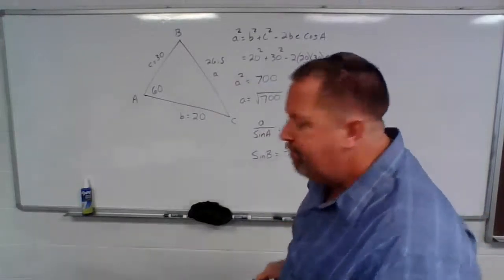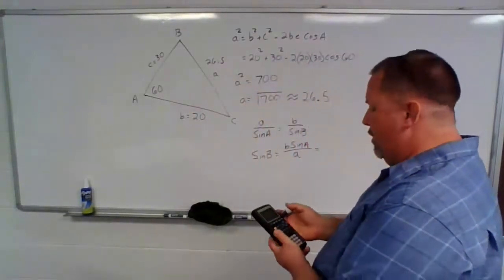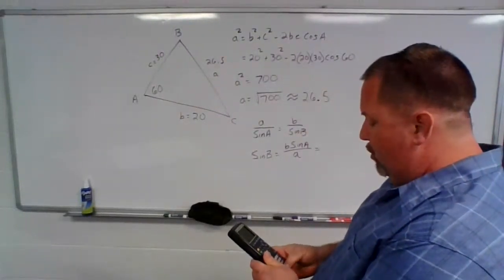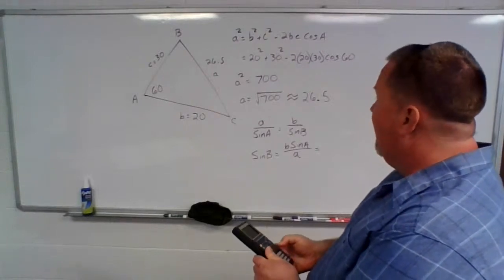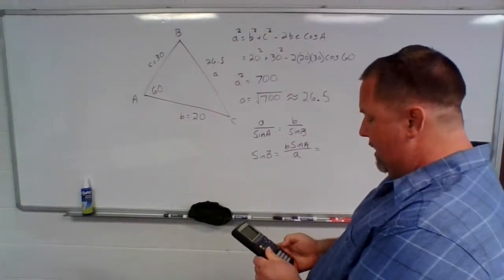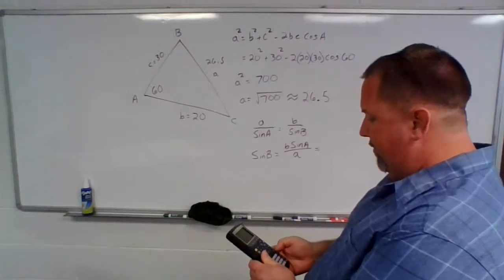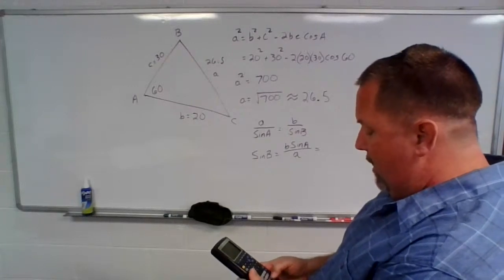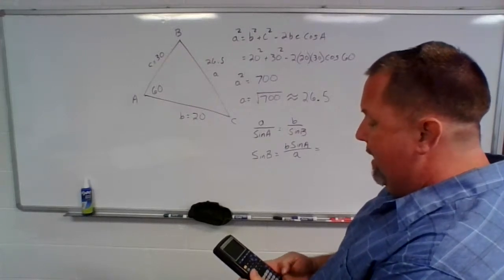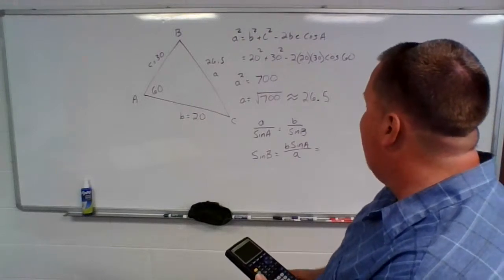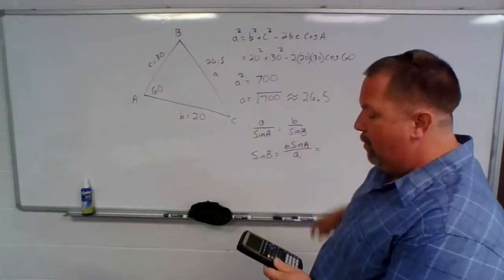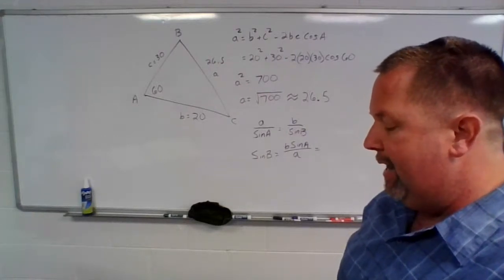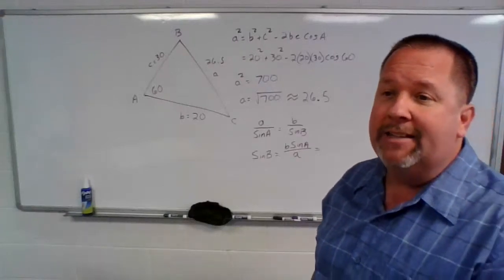And if I do that, I'm going to punch some of those values in my calculator real quick. Of course, hopefully our calculators are all set in degrees. But B is 20 times sine 60, close that parenthesis, and that's divided by side A, 26.5. And I get that sine B is equal to 0.6536040783. That's what the sine is. I don't care about the sine.